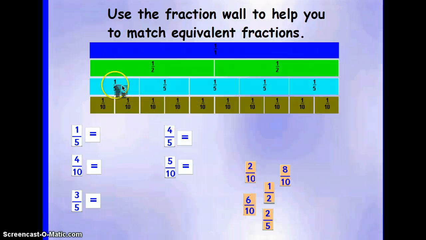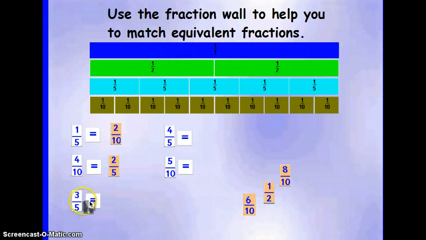Okay, so if we look at 1/5 right here, we can determine that 2/10 equals 1/5. Okay, now let's look at 4/10. 1, 2, 3, 4, which equals 2/5.